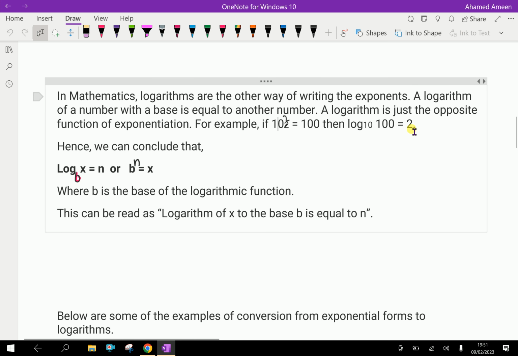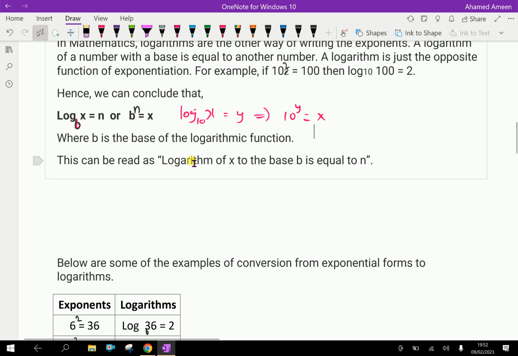This is logarithm base 10, and reversing it gives 10 power y equals x, where b is the base of the logarithmic function. Here we took 10 as the base. This can be read as logarithm of x to the base b equals n. Then in reverse, in power form, b power n equals x.